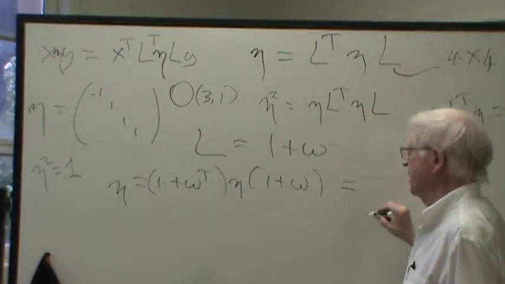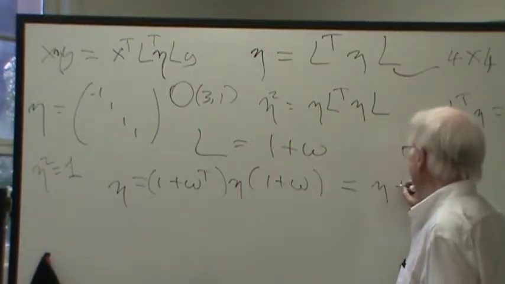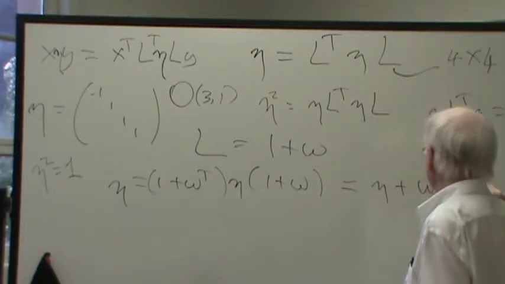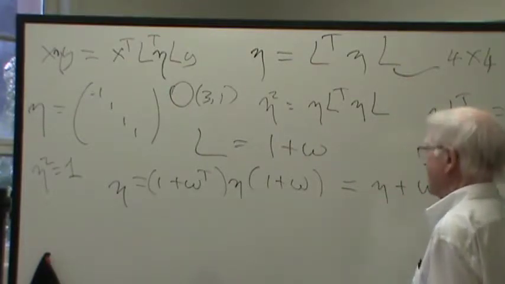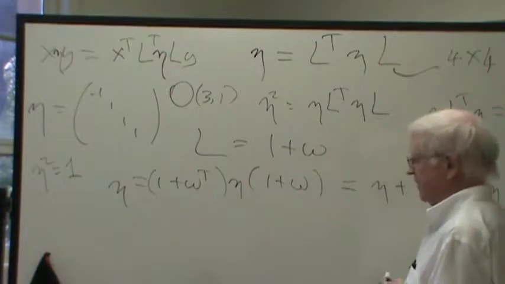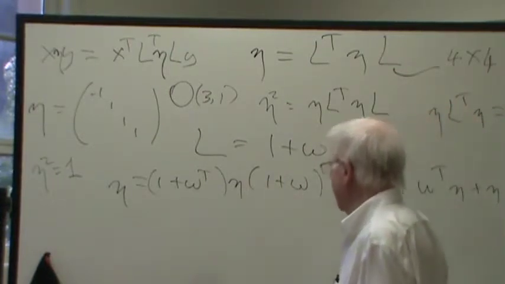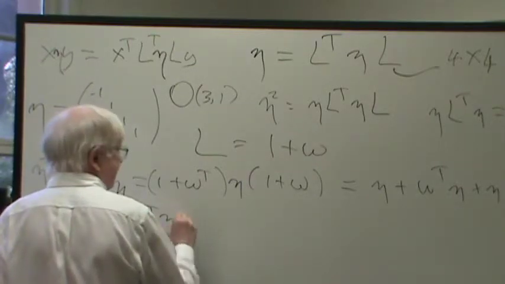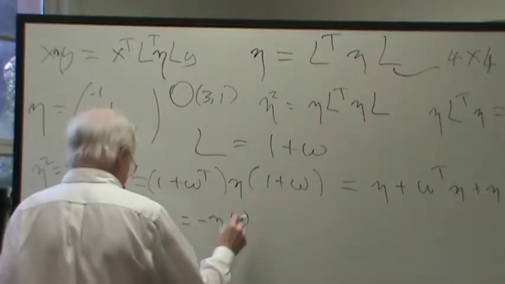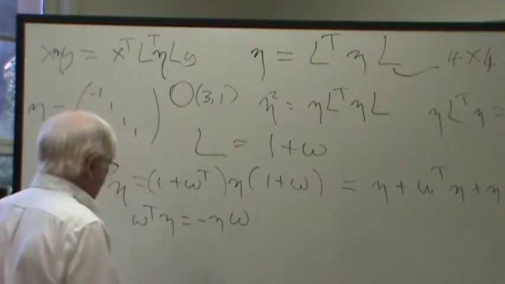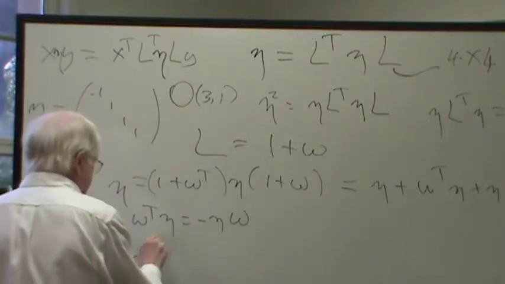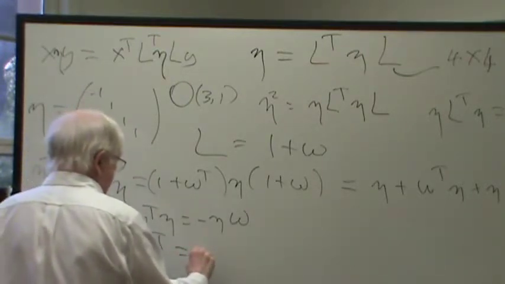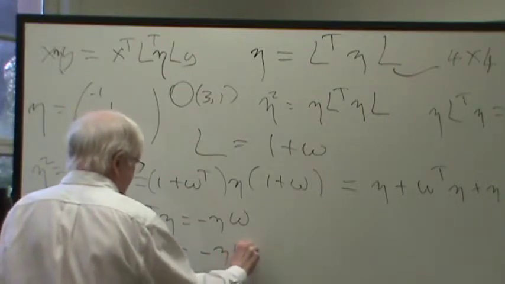And so this is eta plus omega transpose eta plus eta omega, dropping the omega squared terms. And so what we get is that omega transpose eta is minus eta omega, or equivalently, that omega transpose is minus eta omega eta.